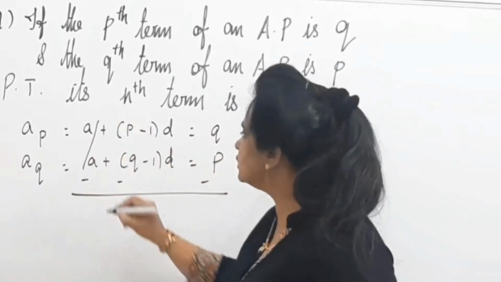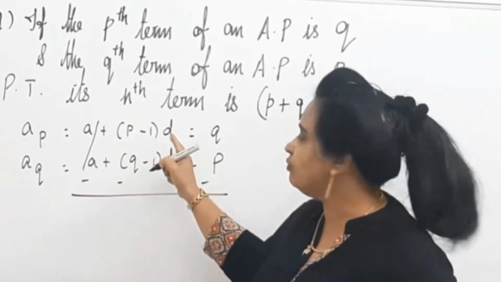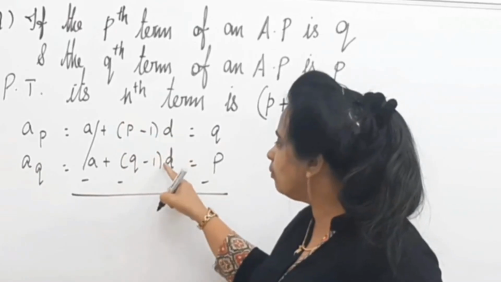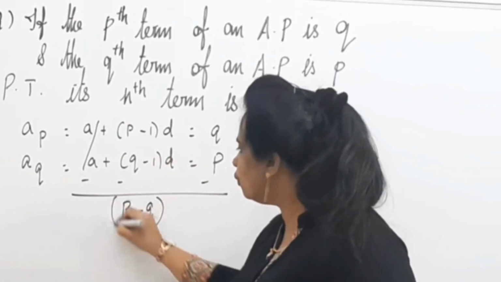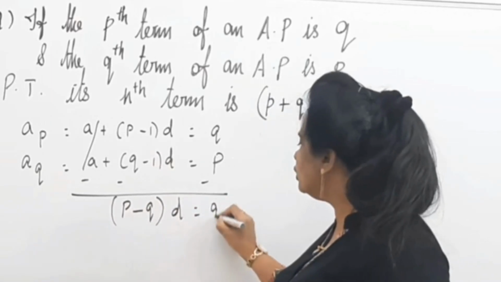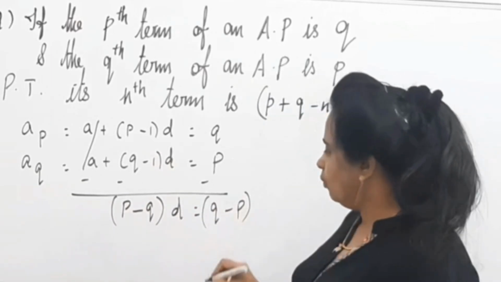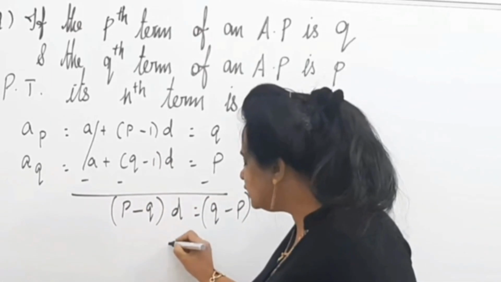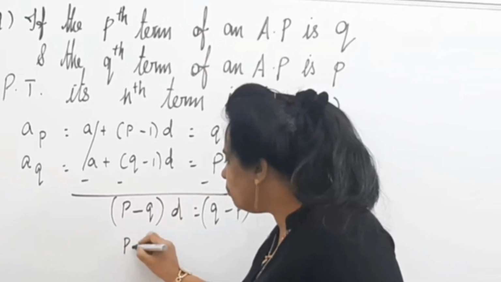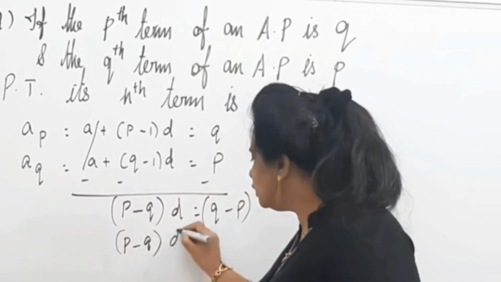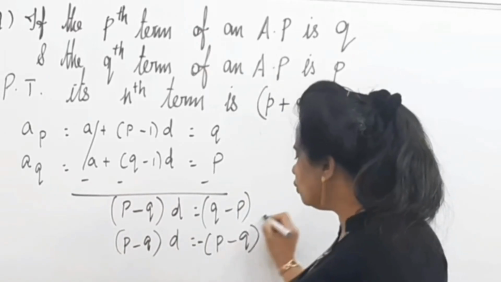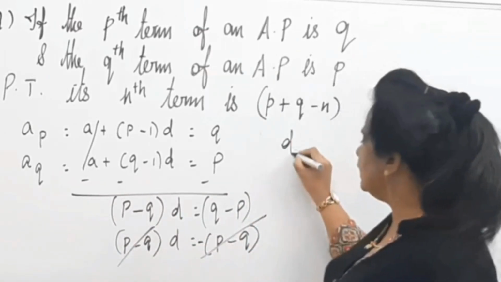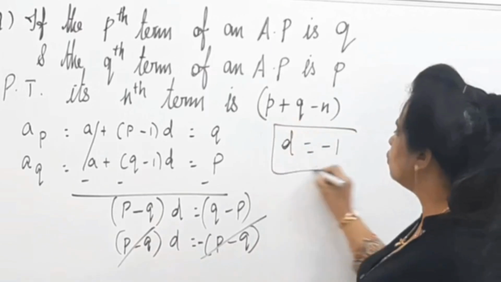Subtract this, and as you understood from the previous question, minus a and plus a get cancelled. So, I would have (p - q)d = q - p. Now, I want my d. What I will do, (p - q)d, this can be written with a minus taken outside, so p - q gets cancelled. So, my d is equal to -1.